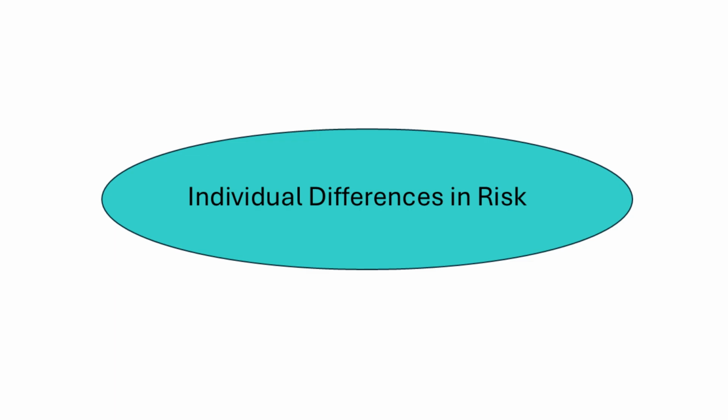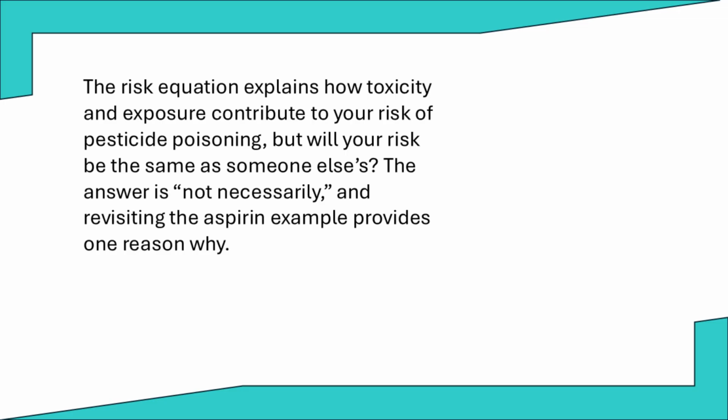Let's look at individual differences in risk. The risk equation explains how toxicity and exposure contribute to your risk of pesticide poisoning. But will your risk be the same as someone else's? The answer is not necessarily, and revisiting the aspirin example provides one reason why.